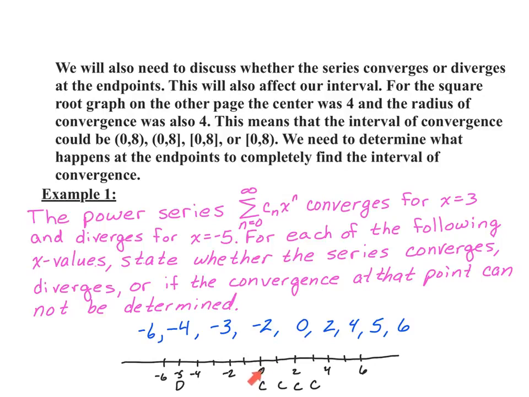Now, the radius is going to be at least 3. Now, we know because we were told at x equals 3, it converges. However, at the other endpoint, which would be -3, we do not know if it converges or diverges at the endpoint. We do know that everything in between will have to converge.